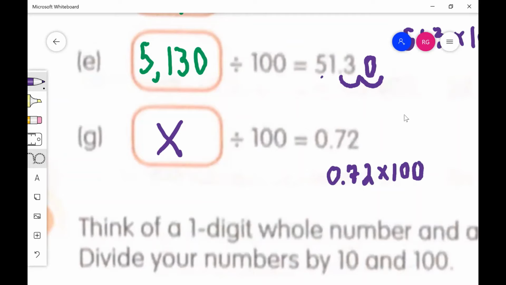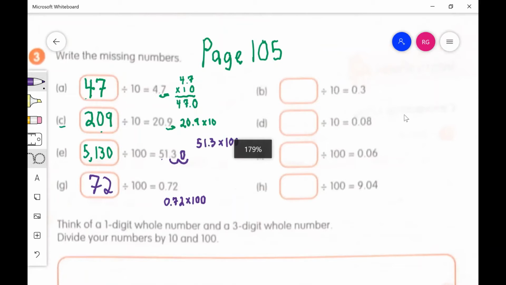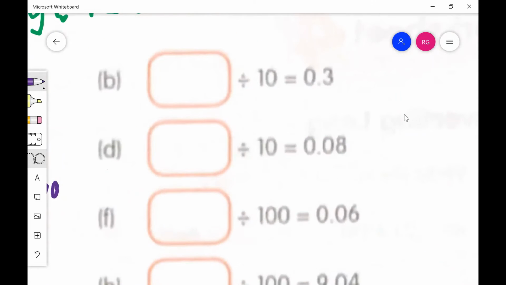That'll give us the original there, or the blank space here. What do you guys think? 0.72 times 100. I think you said 72. Yes, I heard 72 out there. That's the correct answer.